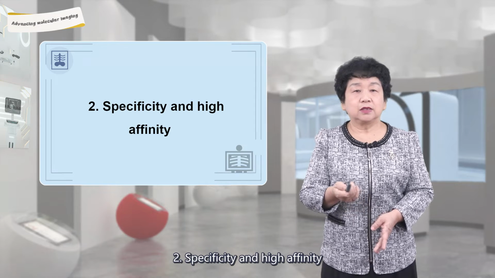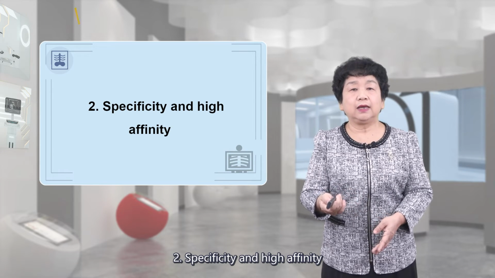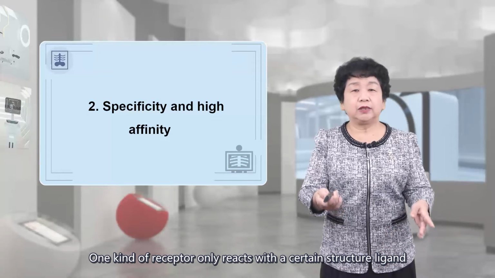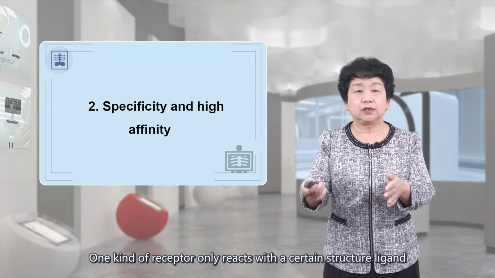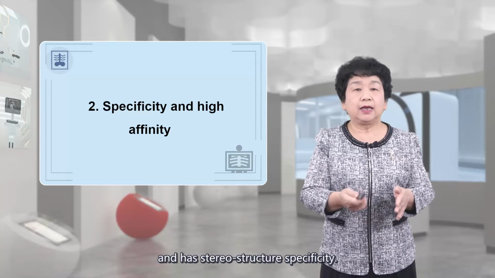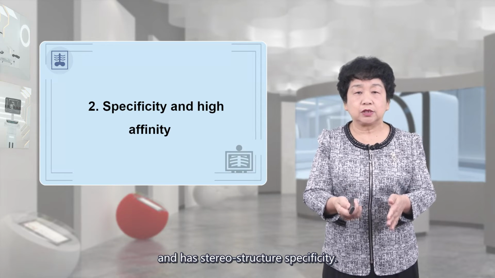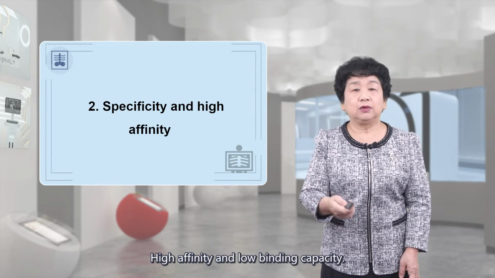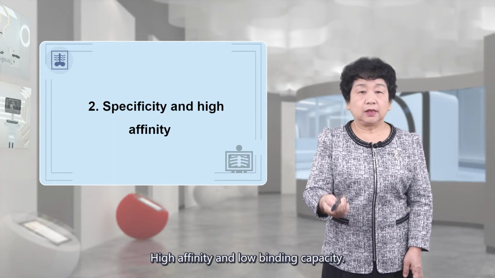The second, specificity and high affinity. One kind of receptor only reacts with a ligand of a certain structure and has stereo structure specificity, high affinity, and a low binding capacity.